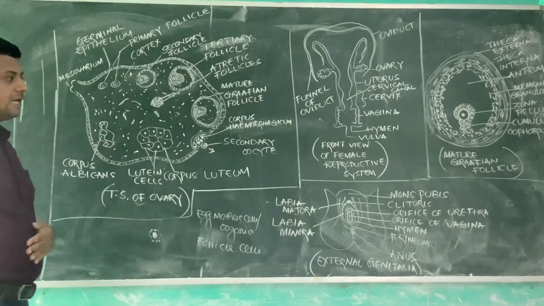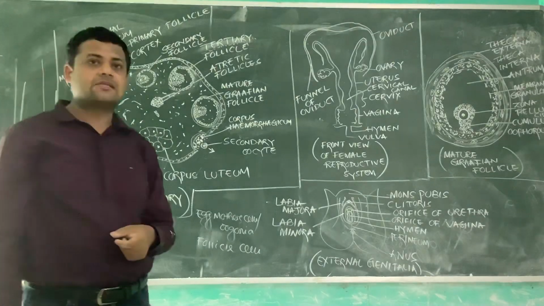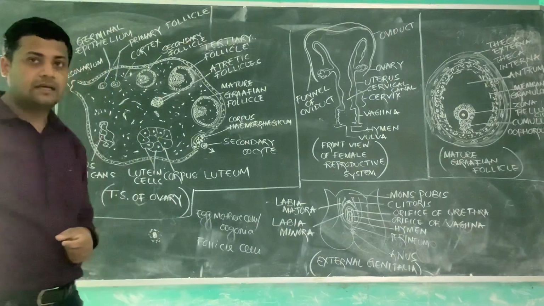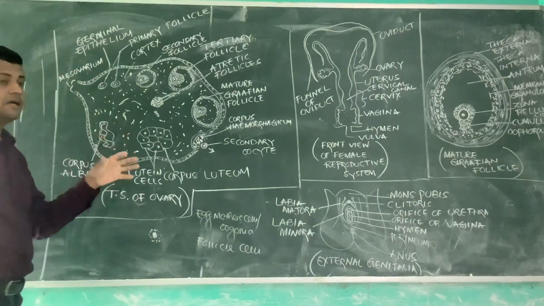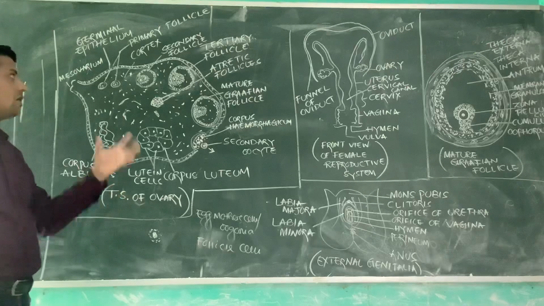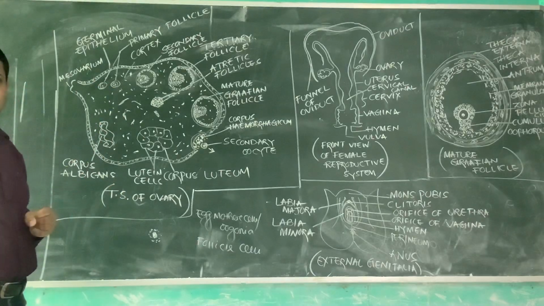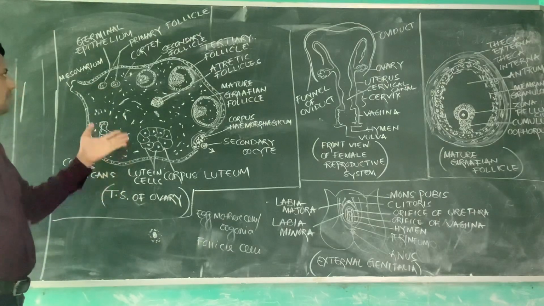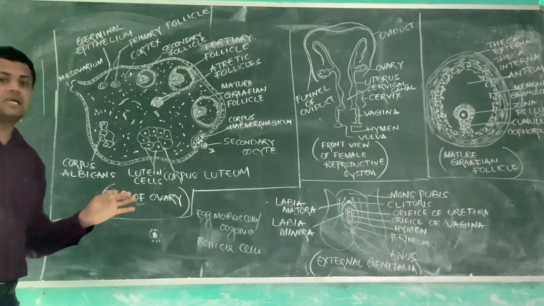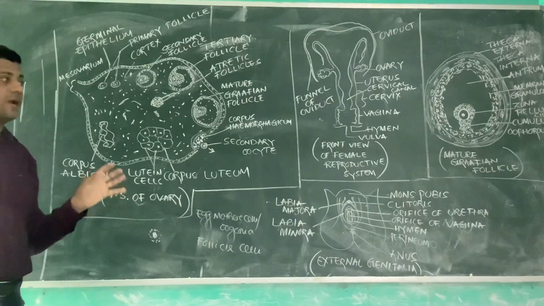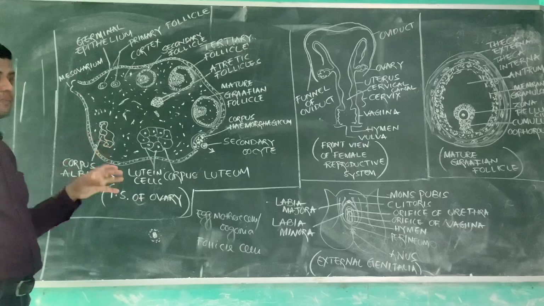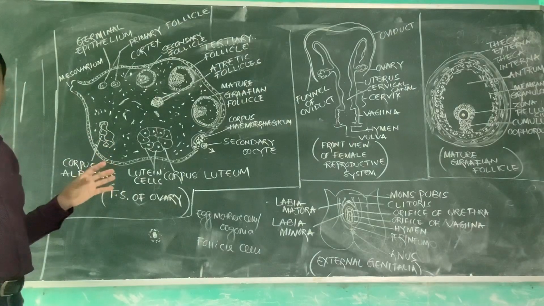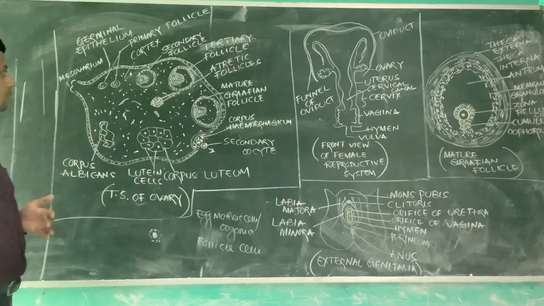When a girl attains maturity or puberty, there is maturation of primary follicles. We discussed before that about 60,000 to 80,000 primary follicles are left in each ovary after attainment of reproductive life.